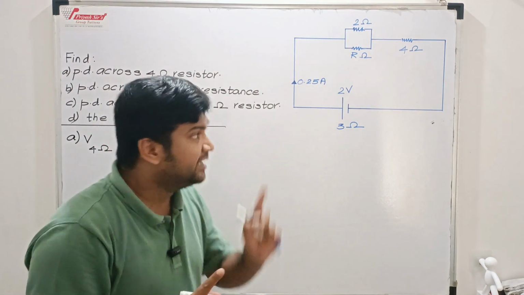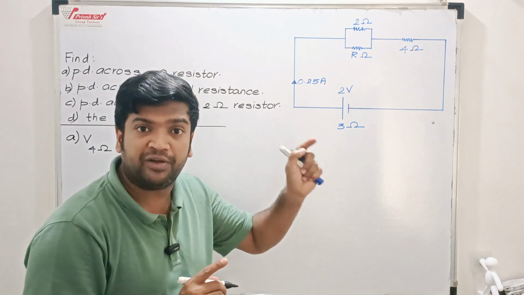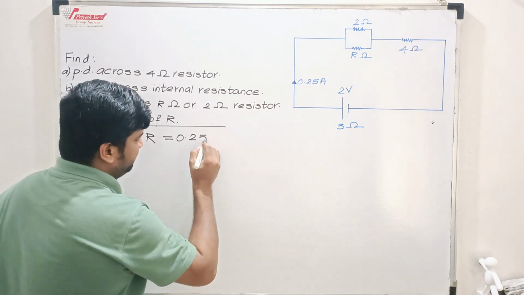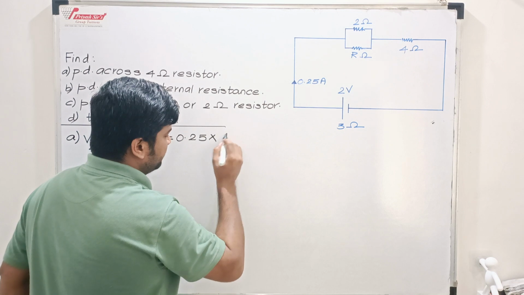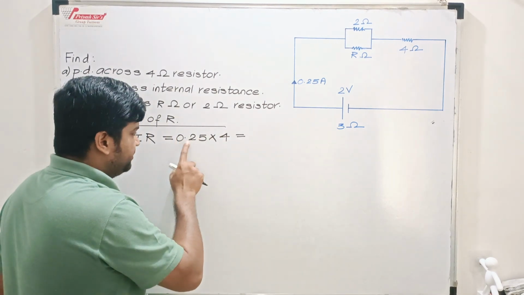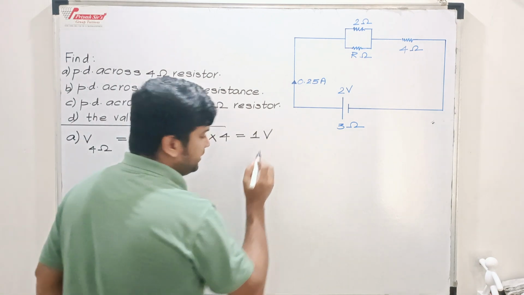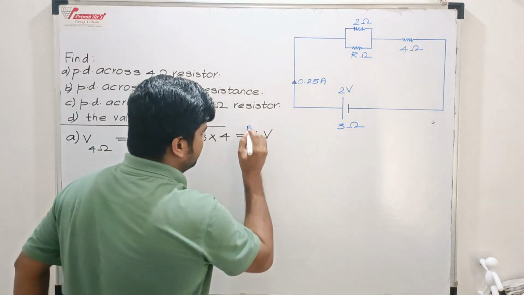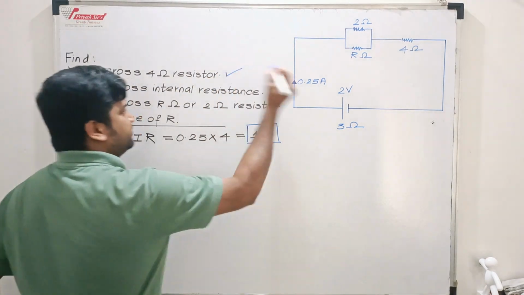Now you know the main current given in the main circuit is 0.25 ampere. So I is given 0.25 multiplied by resistance R, that is 4 ohm. So 25 4s are 100, but after decimal 2 digits, so I'll be having here 1 volt as the potential difference across the 4 ohm resistor. I'll just put this in a box properly. Okay, so the first one is done.